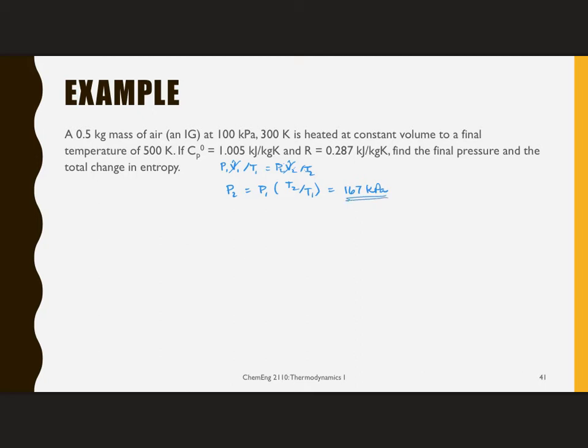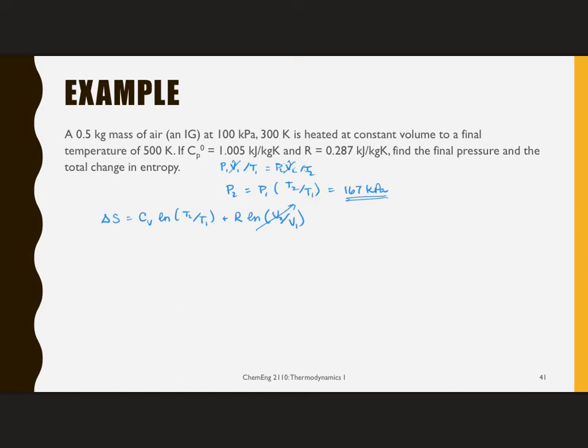The total change in entropy, well, we've been given constant values of C sub V, so delta S is C sub V natural log of T2 over T1 plus R natural log of V2 over V1. Using this, V2 and V1 are going to give me a natural log of 1, which is equal to 0.